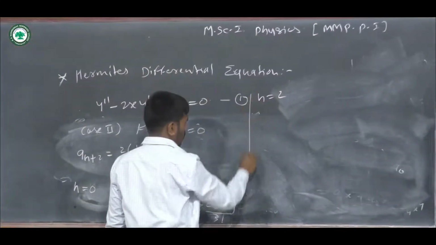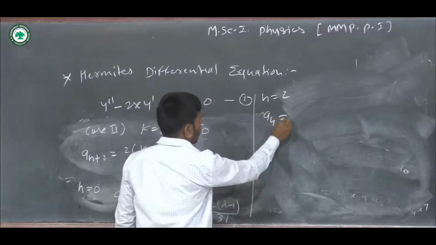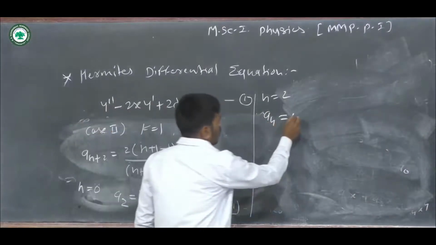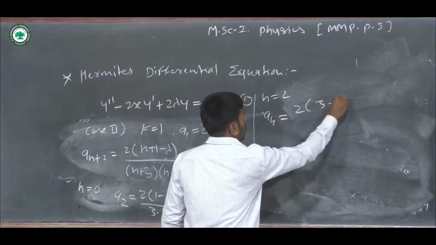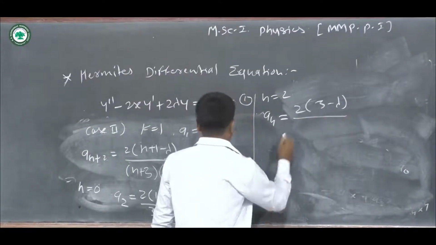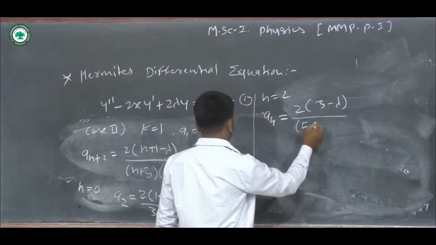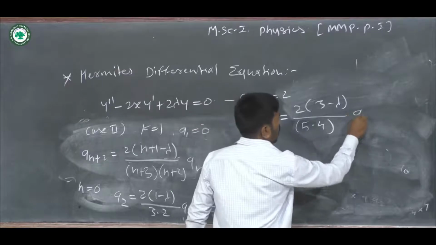So for n is equal to 2, it is a4 is equal to 2 into (3 minus lambda) divided by 5 into 4, and here is a2.